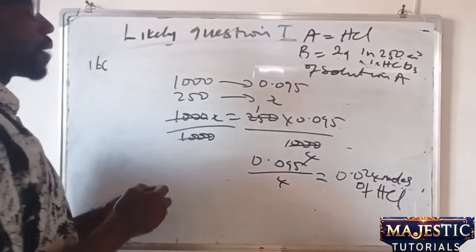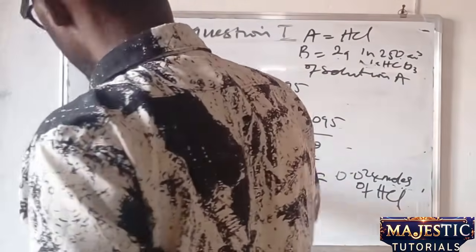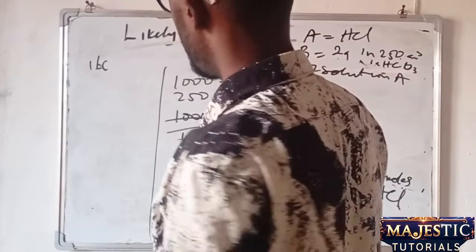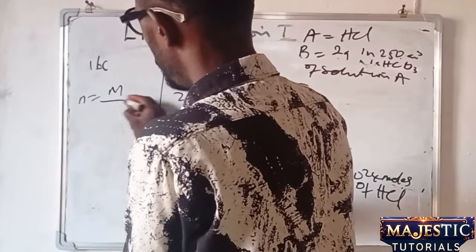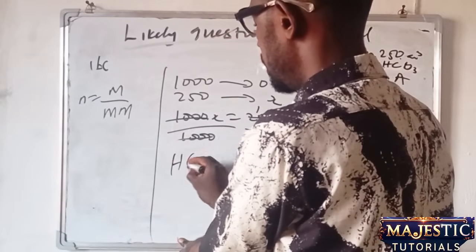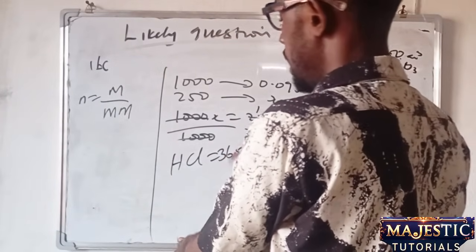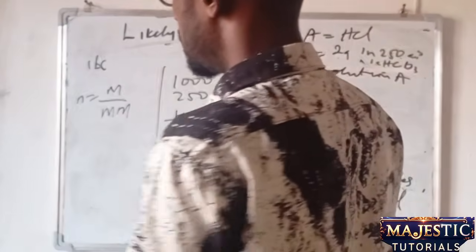Therefore, we convert back to mass. They ask us the mass. So how do we convert back to mass? We have gotten mole. We can now use the formula which says that mole is equal to mass over molar mass. And the molar mass of HCl is 36.5. Hydrogen is 1, chlorine is 35.5. 1 plus 35.5 is 36.5.